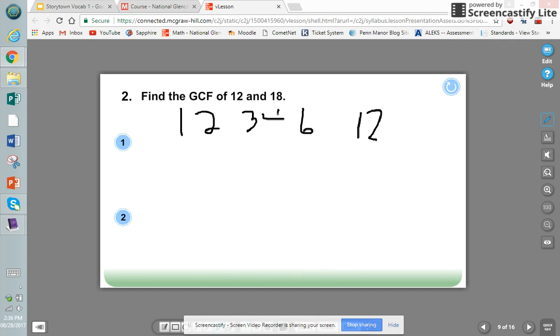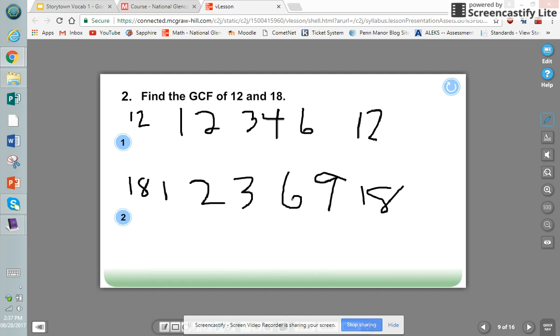Our factors for 18, I'm going to write a 12 over here, so I'm remembering that. 18. We got 1 and 18. 2 and 9. There it is. How about 3 and 6? And I can't think of a 4 or a 5. So there are the factors.